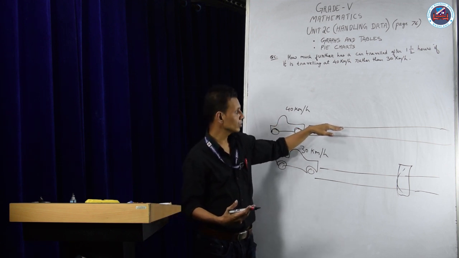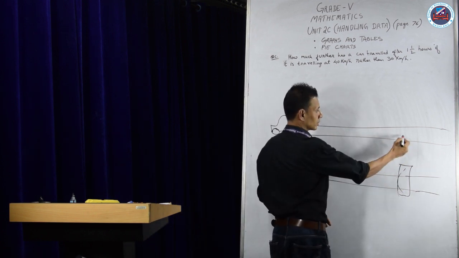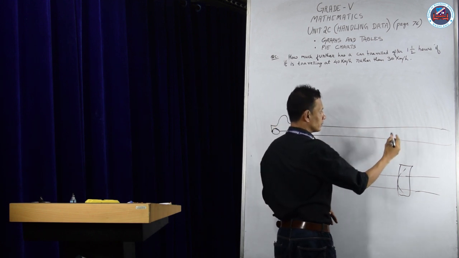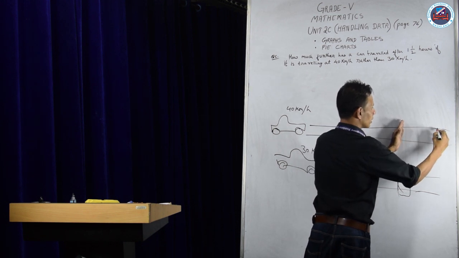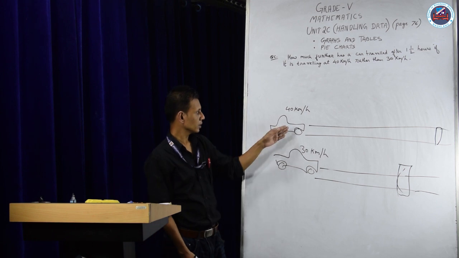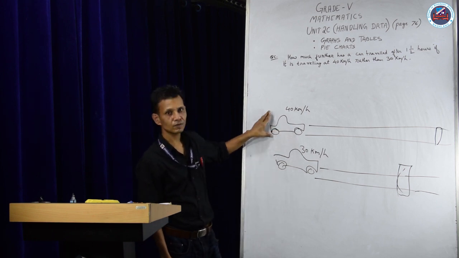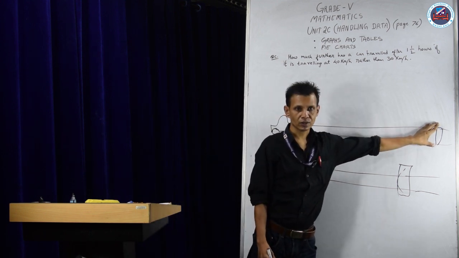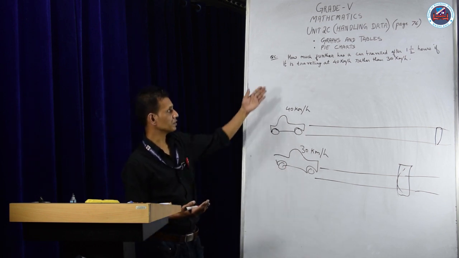Where do you think it will reach after 1.5 hours? Will it reach here? Never. It will cross this, right? The car might go somewhere here or there. You agree? Because the speed here is 30 kilometers per hour and here it is 40 kilometers per hour. Obviously, this will cover more distance, right? So this is the concept of this question.